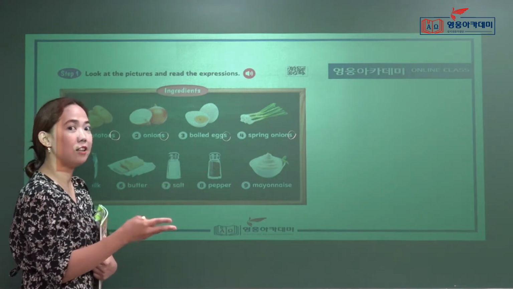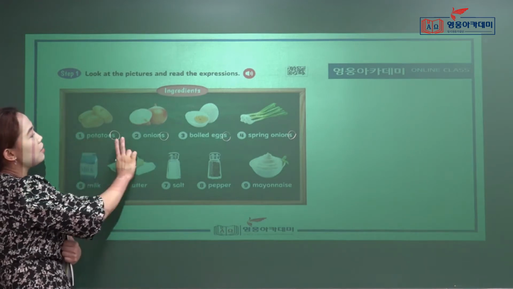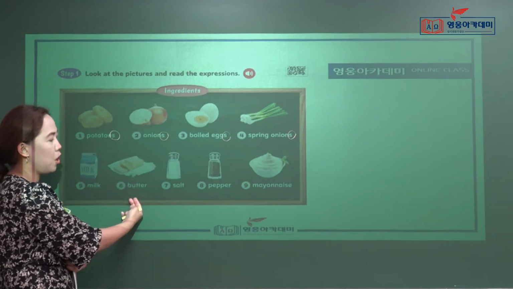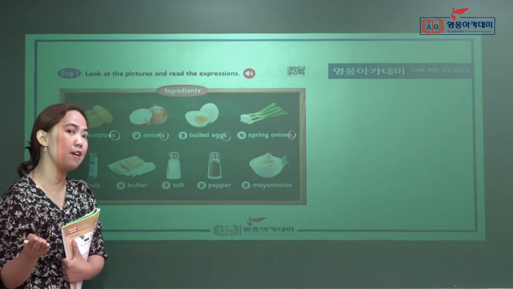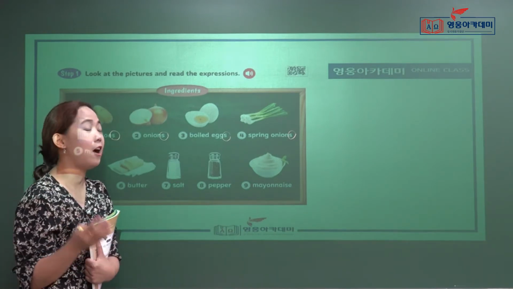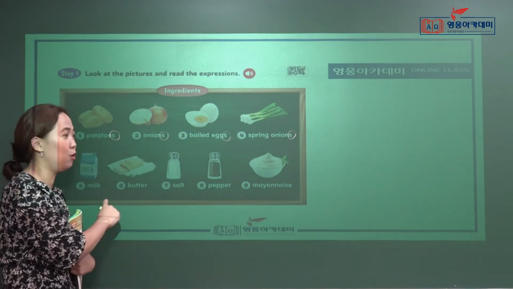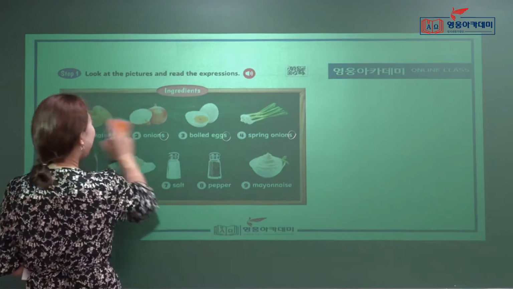Spring onion, spring onions, just like number 2. And then these are all countable, that's why we add S. But for milk, butter, salt, pepper, and mayonnaise, can we count them, guys? No, they are uncountable nouns, that's why we don't add S. We can't say milks or butters, all right? Never.